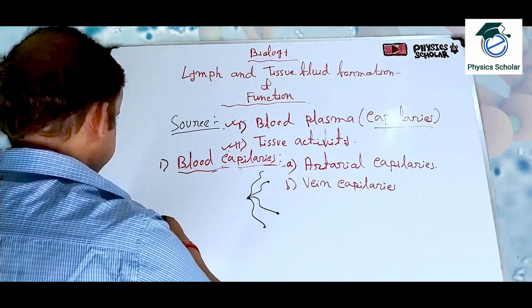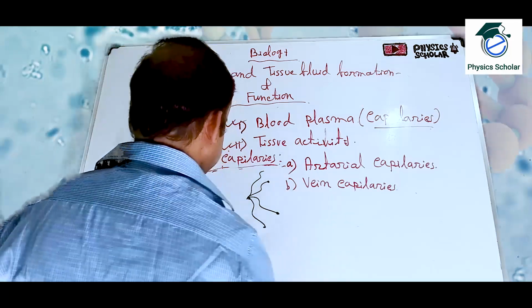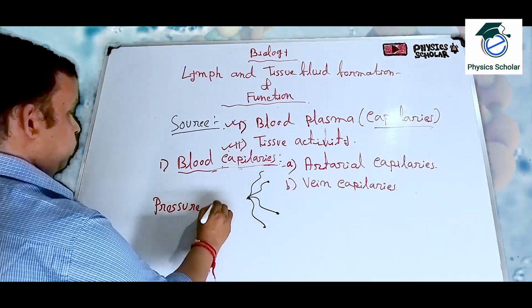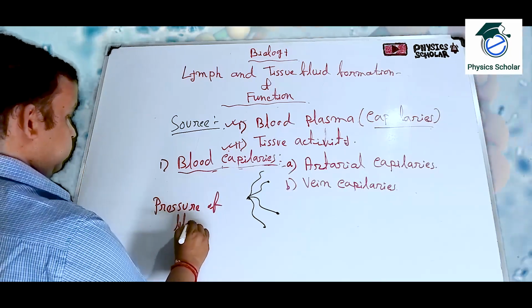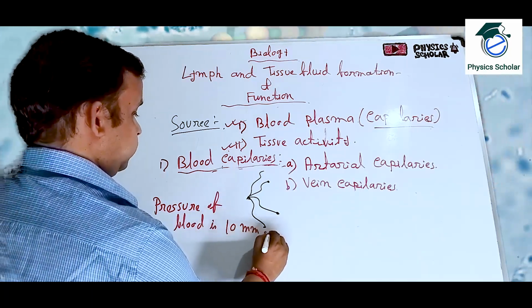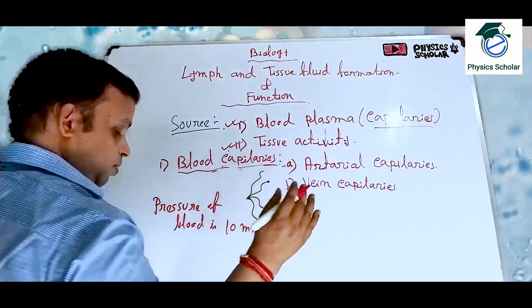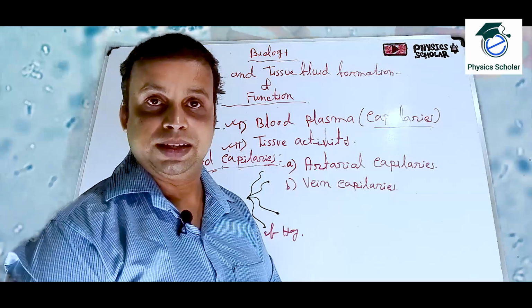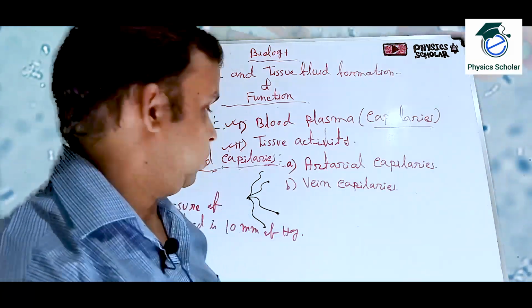The pressure of blood is about 10 mm of Hg. That means it is much lesser than compared to the pressure of arterial capillaries. Clear? It is much lesser or less.